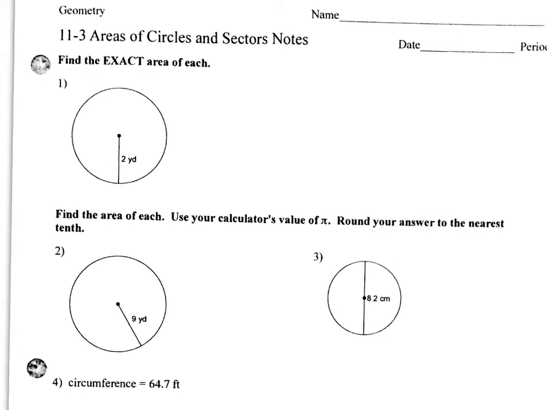Now, in this particular problem, it says find the exact, now that's real important, area of the circle. So what is area of a circle? Area of a circle is pi r squared. When it says exact, what that means is leave pi in the answer, almost like a variable. So it's pi times r, the radius.